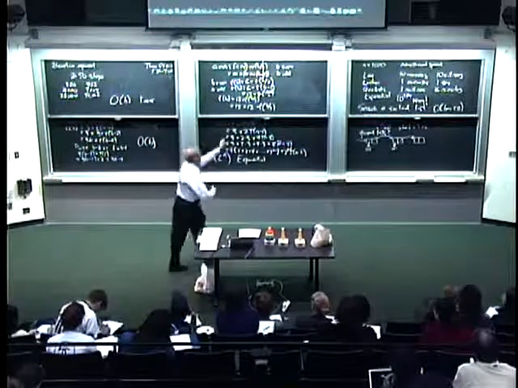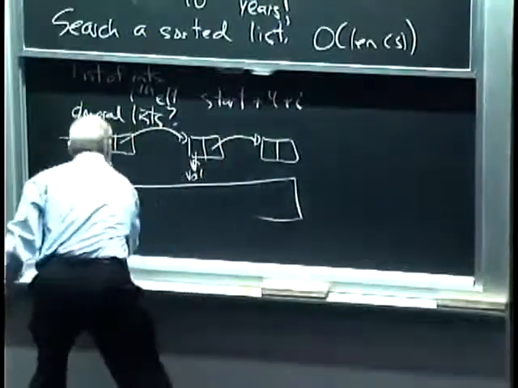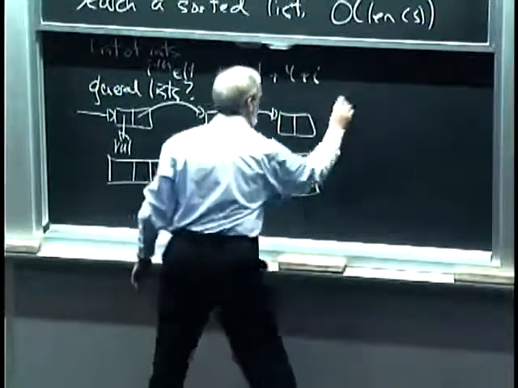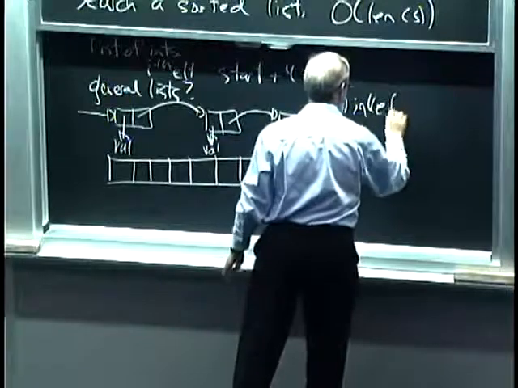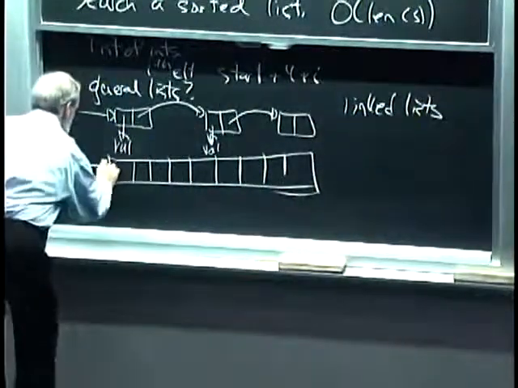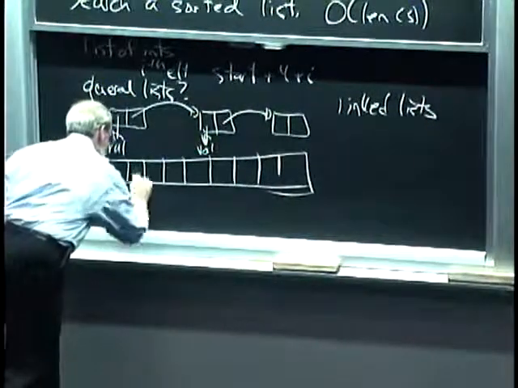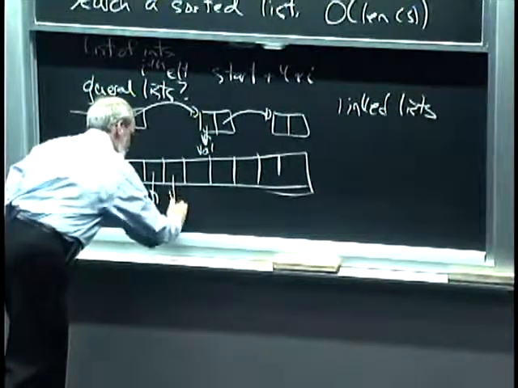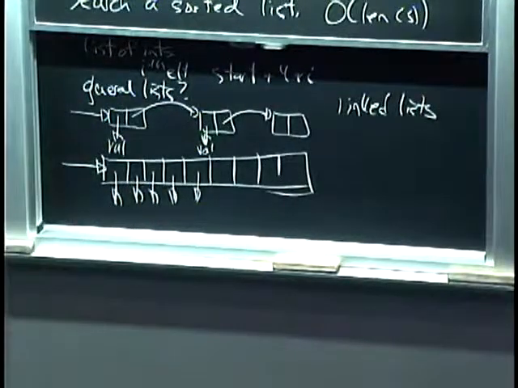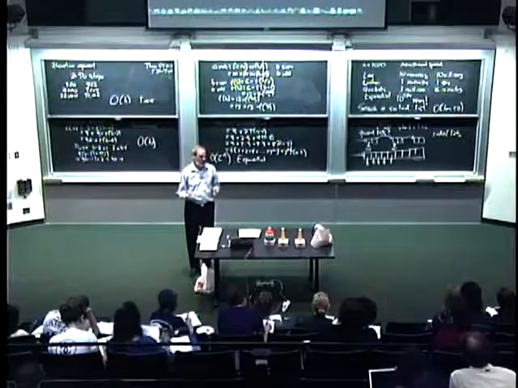There's an alternative, which is the last point I want to make. Well, I should have said these things are called linked lists. I'll come back to those. Another way to do it is to have the start of the list be at some point in memory, and to have each one of the successive cells in memory point off to the actual value, which may take up some arbitrary amount of memory.